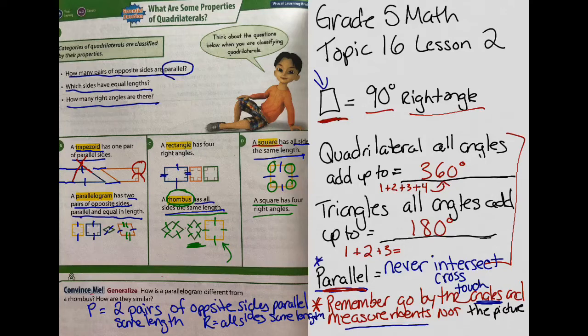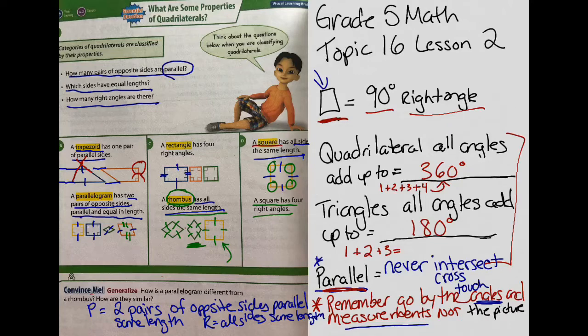Okay, so all sides the same length. The parallelogram has opposite sides parallel and are equal in length. Okay, so the big difference between the parallelogram and the rhombus is that the parallelogram can have 1 pair of opposite sides the same length. They don't have to have all the sides the same length.